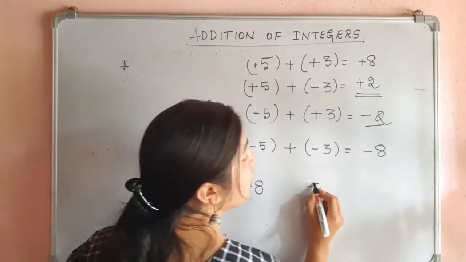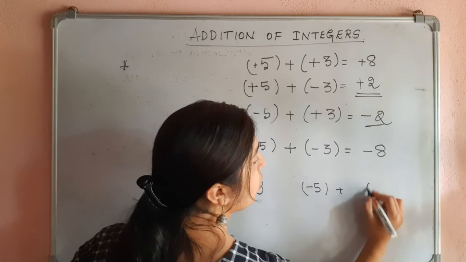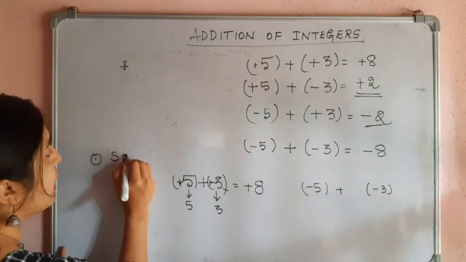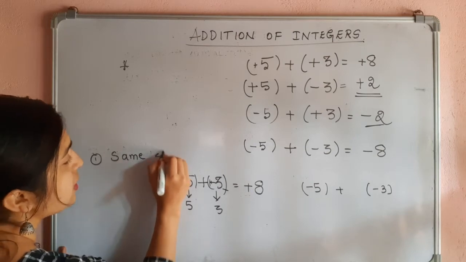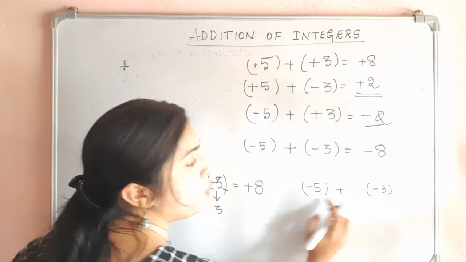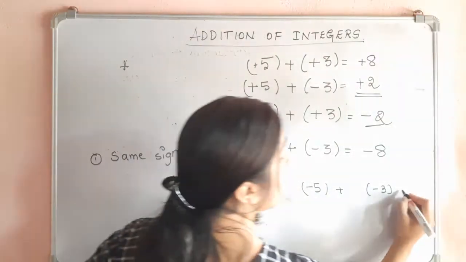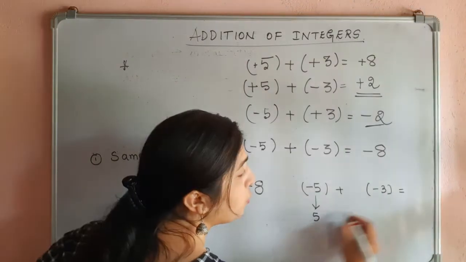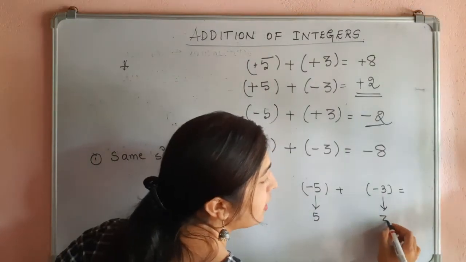Similarly, if I take two negative integers, this is also when integers are of the same sign. These two had positive signs, now these two have negative signs. Once again I will take the absolute values: this is 5 and this is 3.